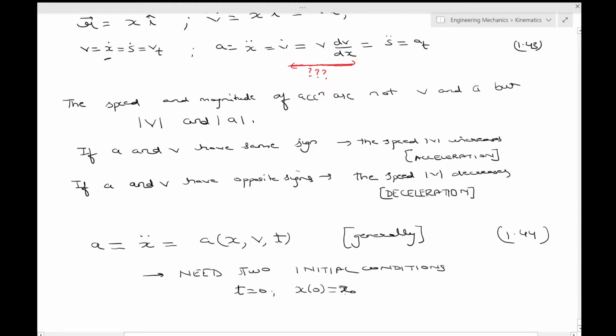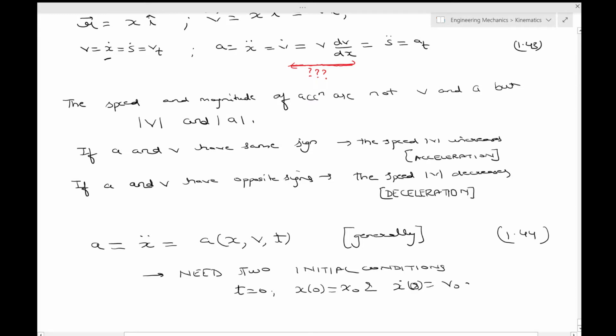It's called an initial condition because we know it at t equal to 0. And similarly, x dot of 0 is equal to v naught. So these are the two initial conditions which can be used to actually solve this.